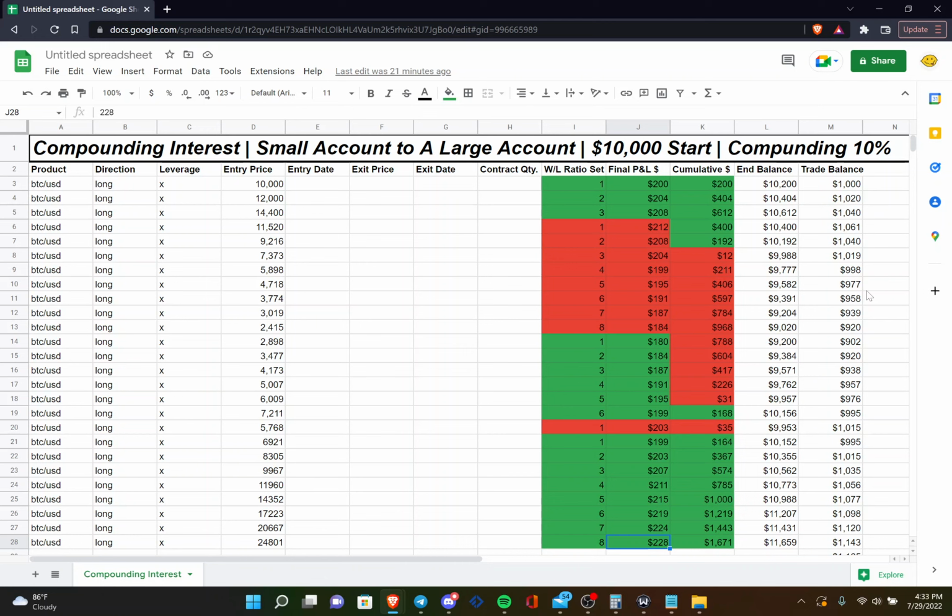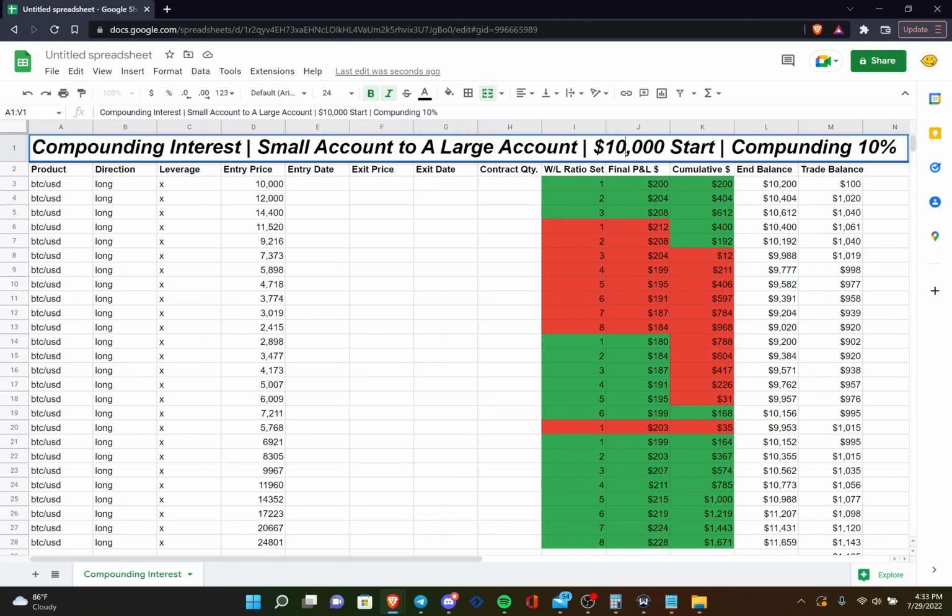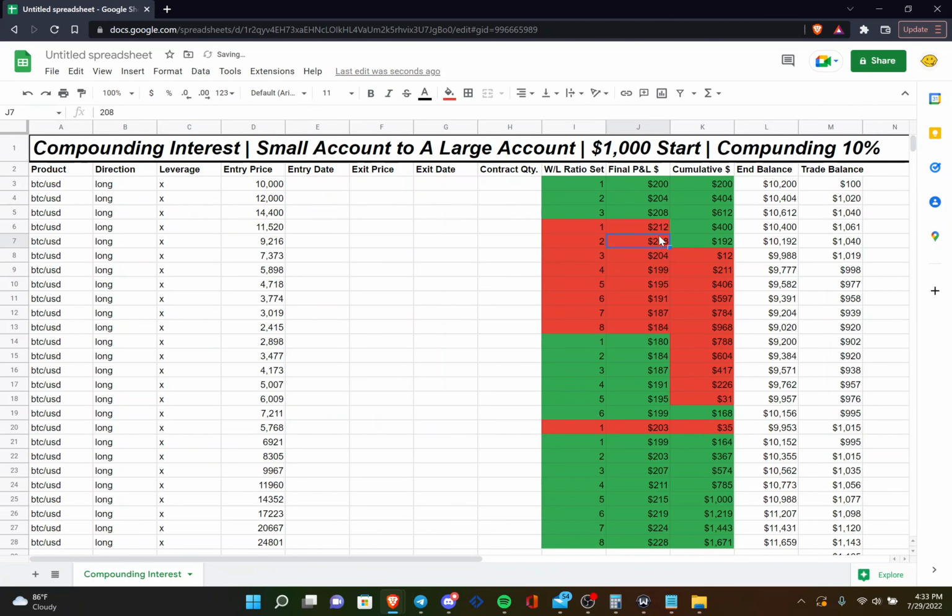If you have a $1,000 account, not a $10,000 account, then you can change this trade balance to $100, and instead of $200 you made $20. Just take off the last digit, and you're looking at what would happen if you're trading with $100 with a $1,000 start.